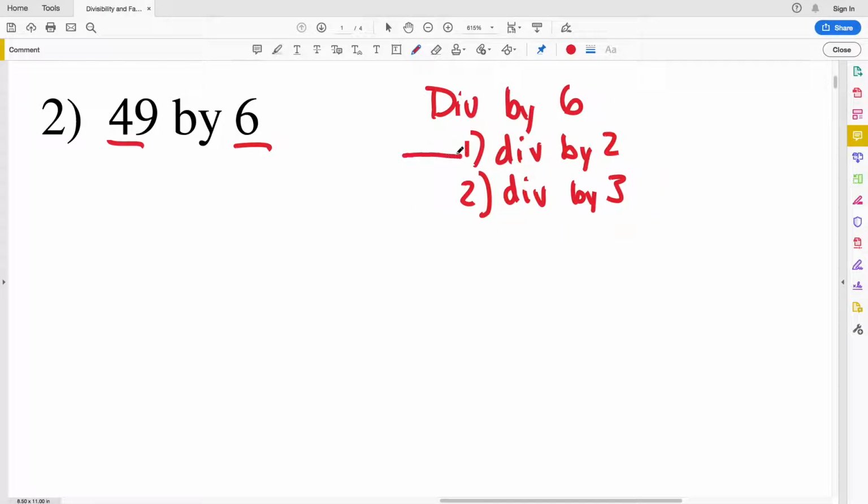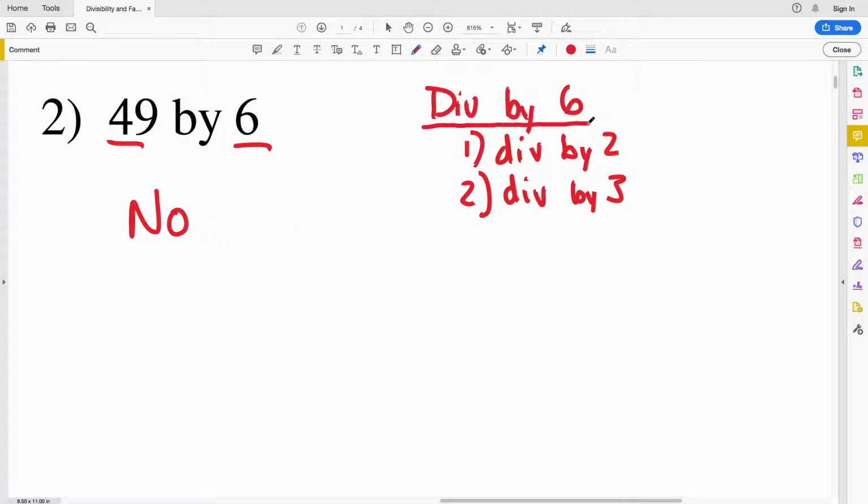However, because 49 is an odd number, not ending in 0, 2, 4, 6, or 8, it's not divisible by 2, and because it's not divisible by 2, it is not divisible by 6. So the answer in number 2 is no.